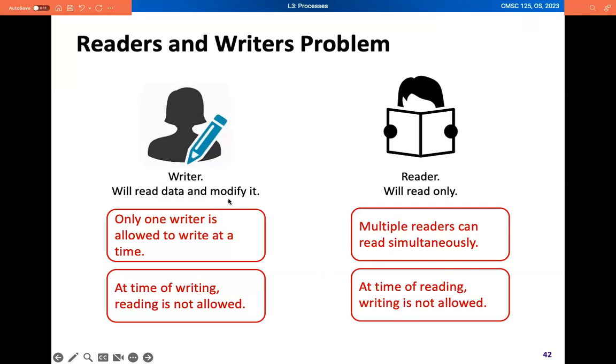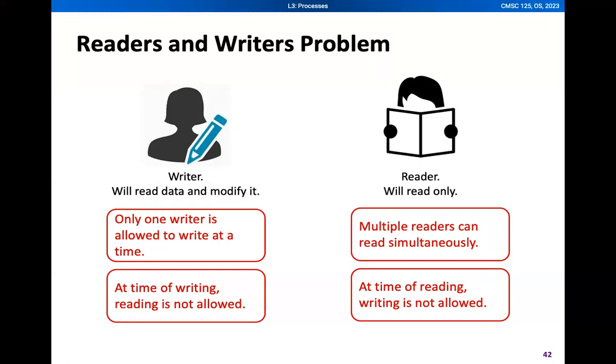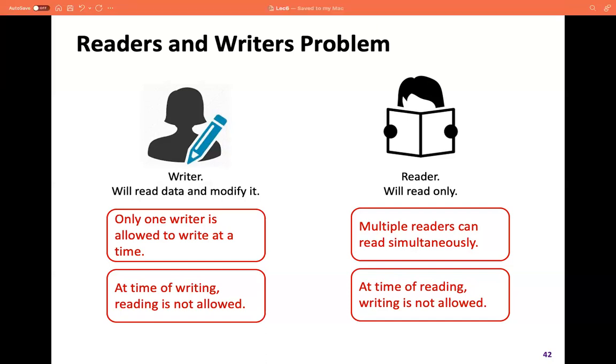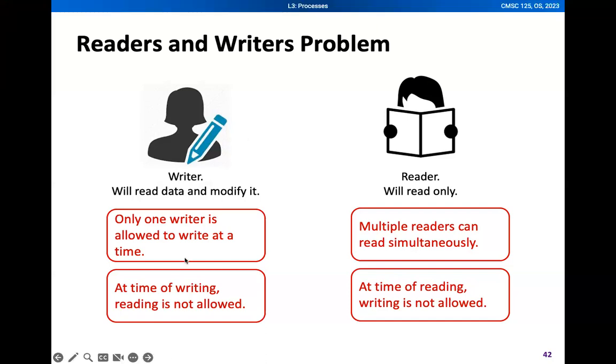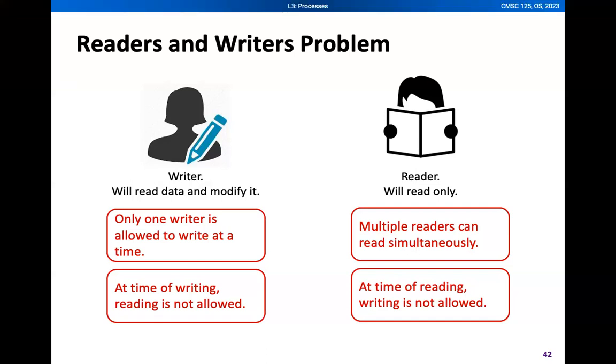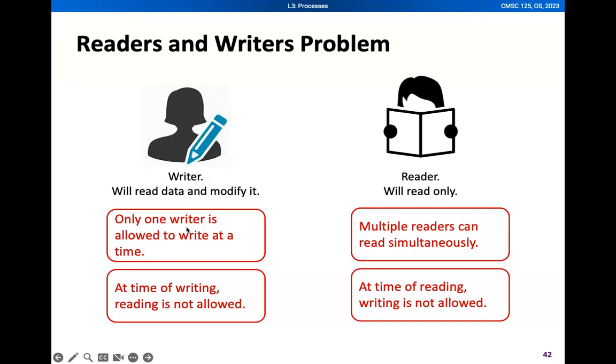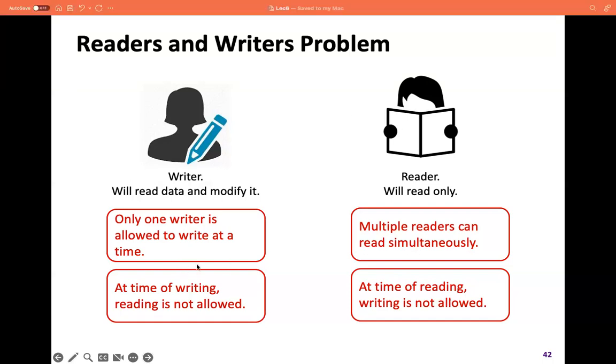So these are the problems that we must consider. On the writer side, only one writer is allowed to write at a time. No other writers can interfere with a writer that is already writing. And at the time of writing, reading is not allowed. So when the writer has already started writing, the readers will have to wait until the writer is done writing.